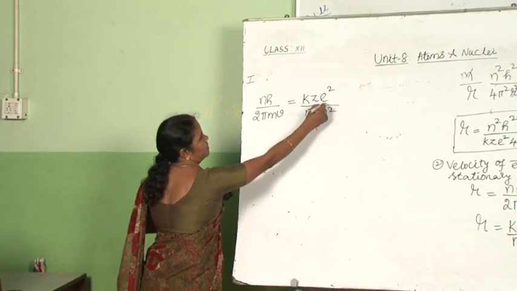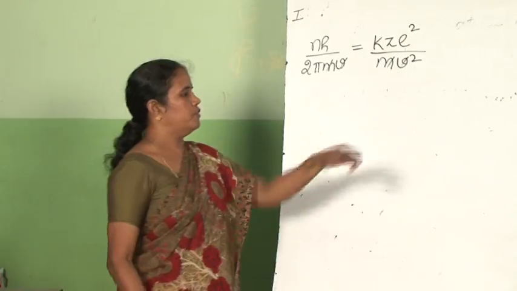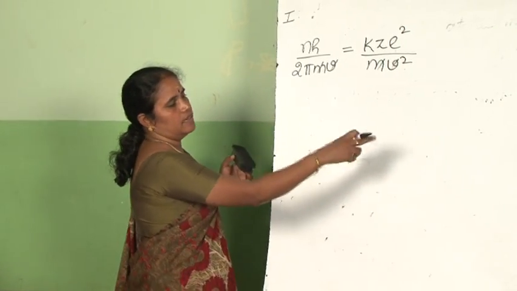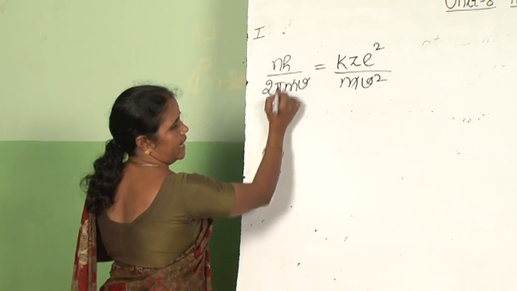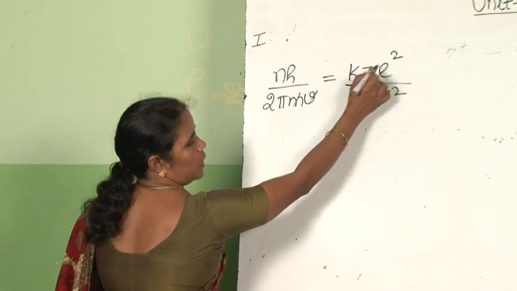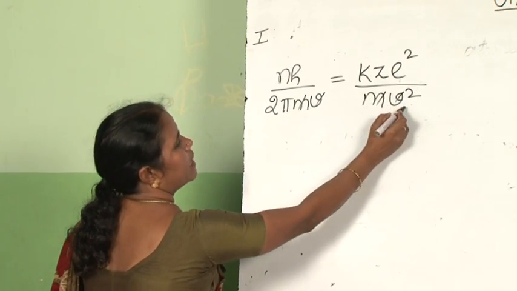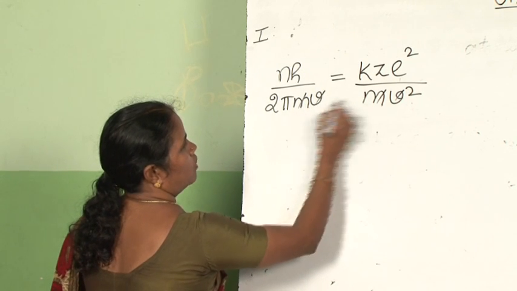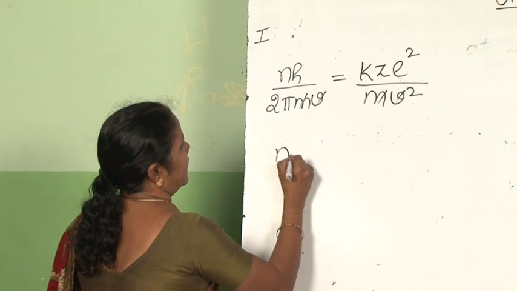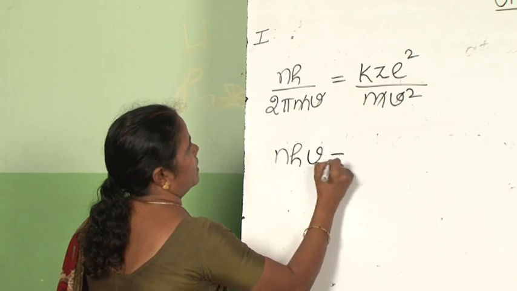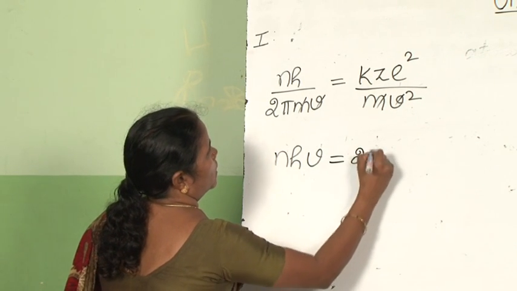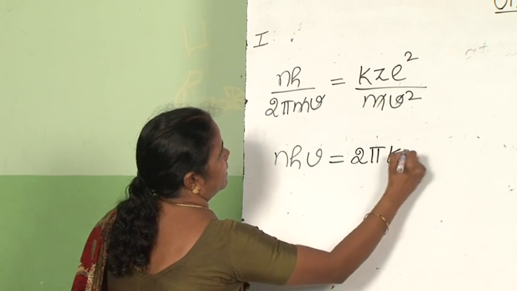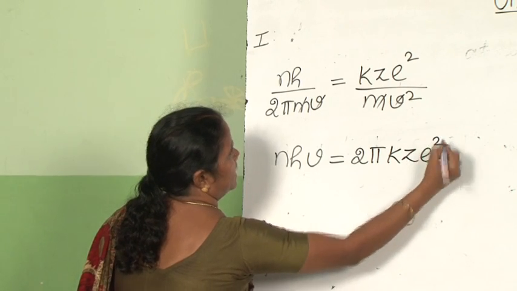Now we have to derive the expression for velocity. So v and v get cancelled. From equating 3 and 4, we get nh by 2 pi m v is equal to k z e square by m v square. M goes off, and v cancels. Therefore, nhv is equal to 2 pi k z e square.